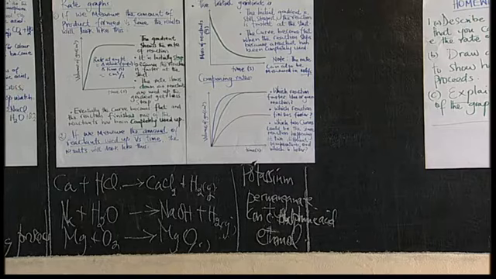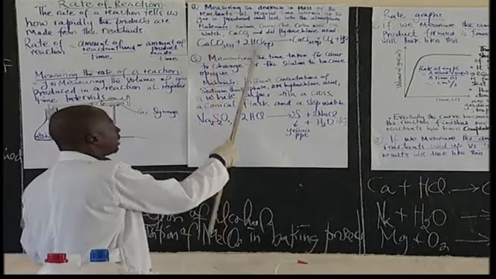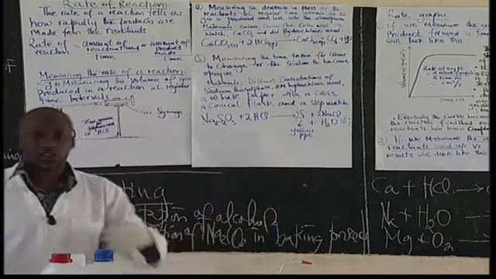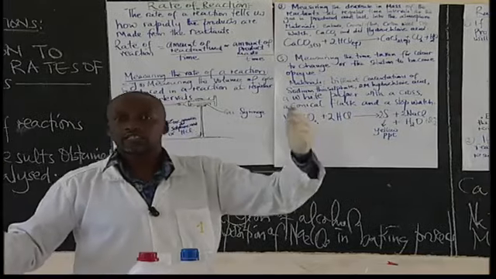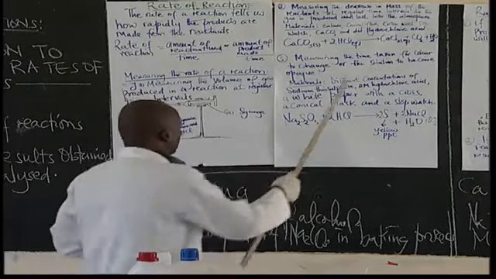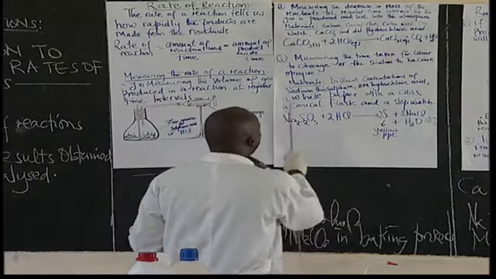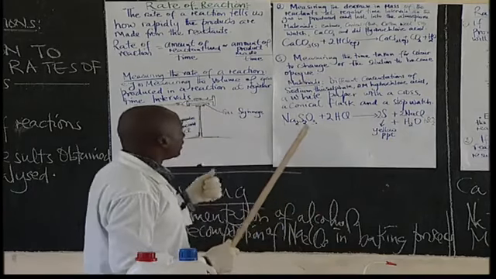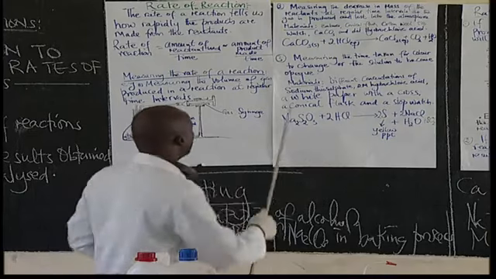After another 5 seconds, we record the mass again. Another example is calcium carbonate with acid, which will produce carbon dioxide. Any other reaction that produces a gas can also be used, measuring the mass of calcium carbonate that remains at regular intervals.